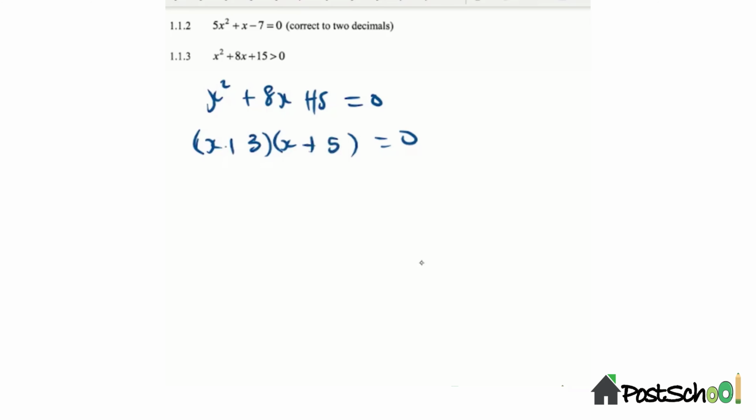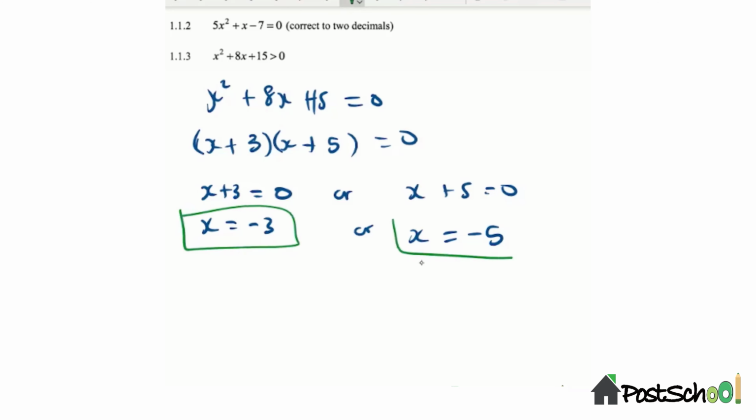When you add them, they give you 8. Again, remember from the first question, whenever we have brackets like this, you can then say x plus 3 equals to 0, or x plus 5 equal to 0. So x is equal to -3, or x is equal to -5. Alright, so these are our critical values.